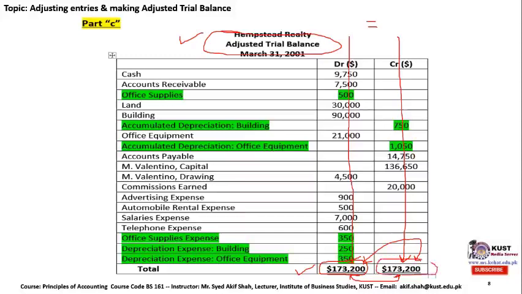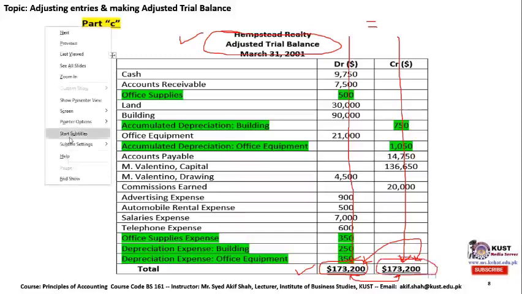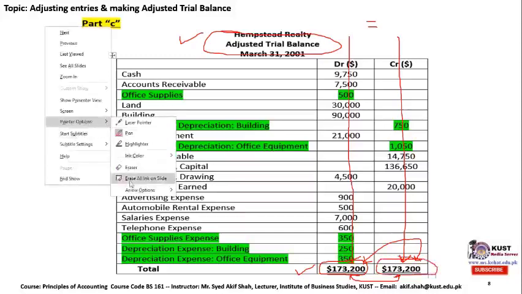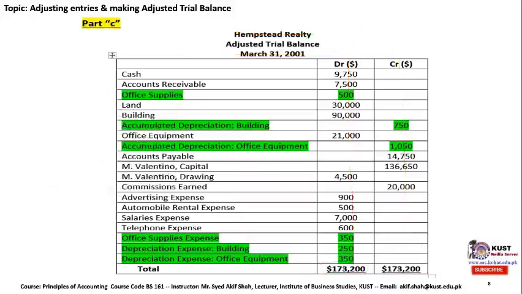And this is what the double entry accounting system also states, that all debit must equal the credit values. You can notice that there is a double line just beneath the final balances, which represents that our question has closed down over here against the adjusted trial balance.